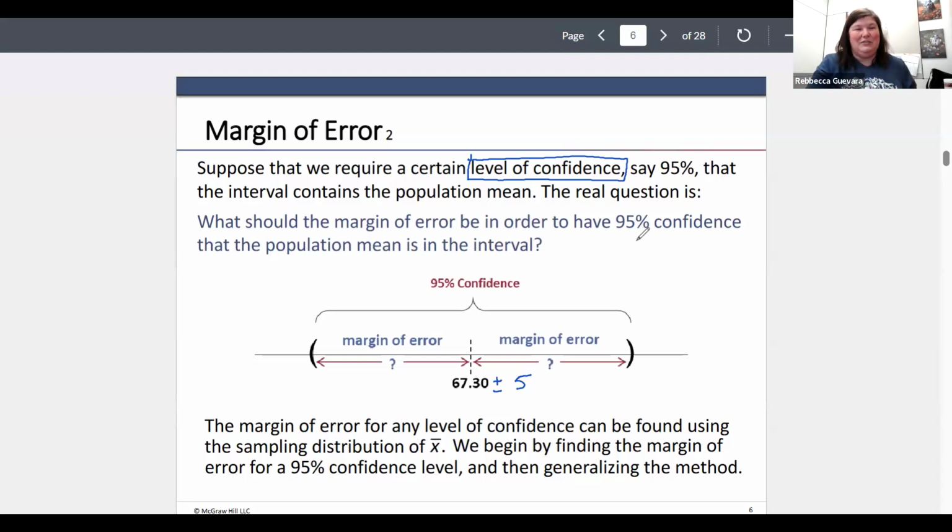So what should that margin of error be that makes sure that my population mean is in that interval? Level of confidence is really just how sure I am that I captured it.